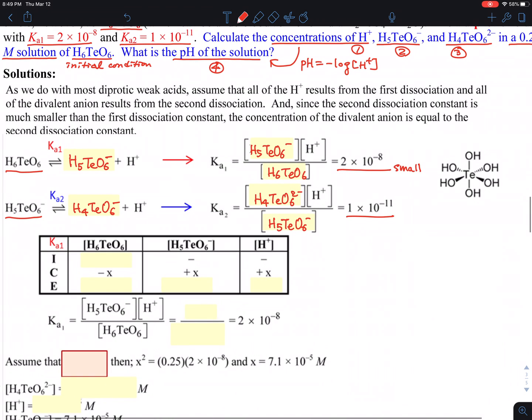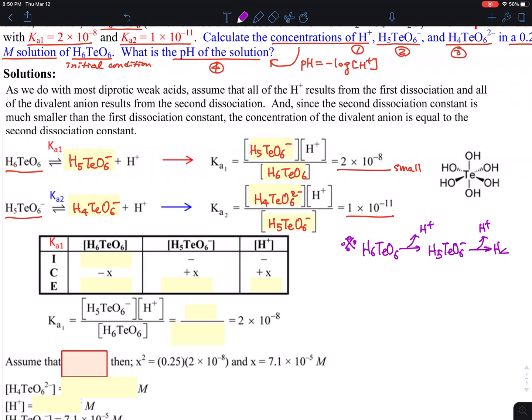So this is one important concept that I would like to highlight in the purple color here. You have this H6 compound, and then you lose H plus here and become H5TeO6 minus, and you lose H plus here and then there will be H4TeO6 2 minus.